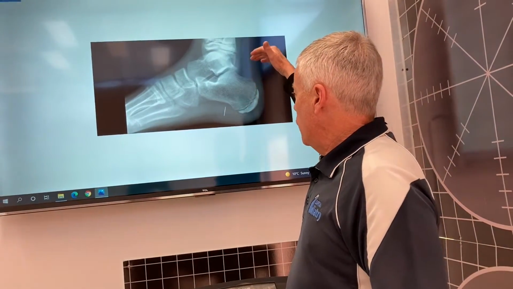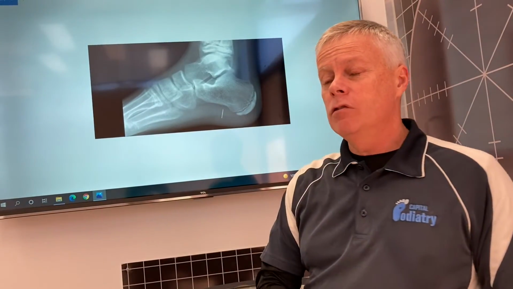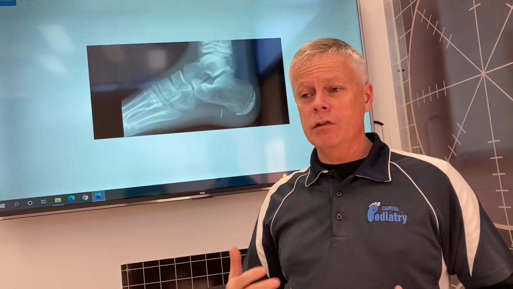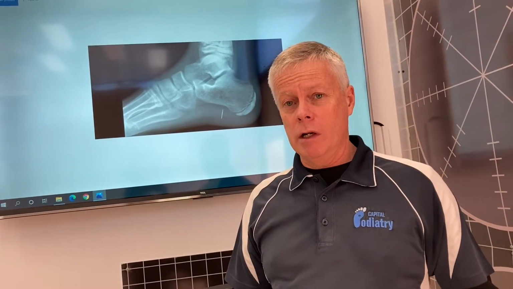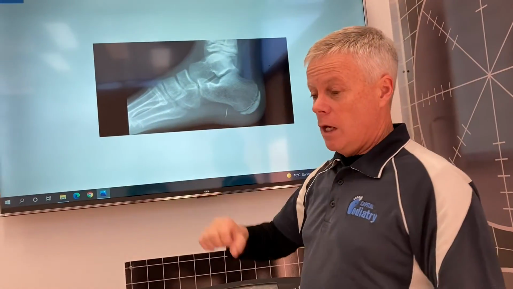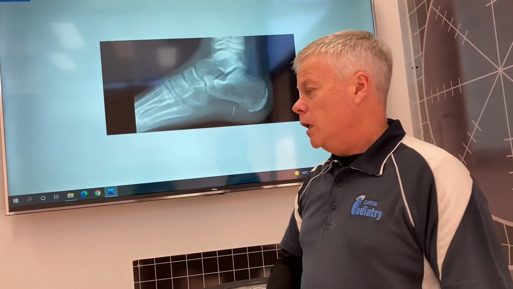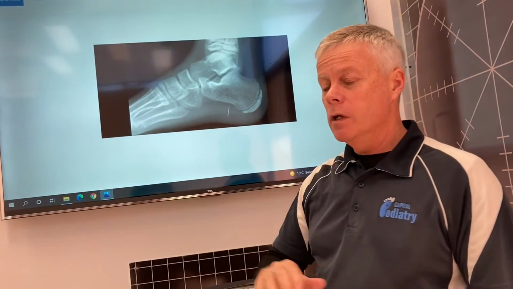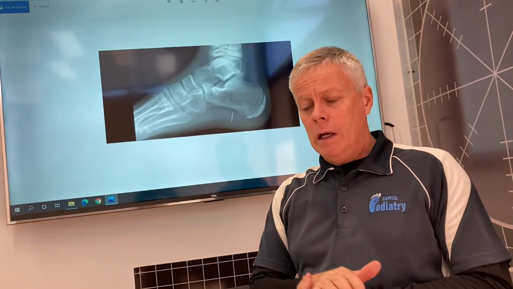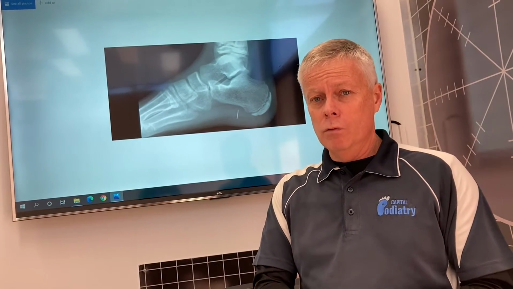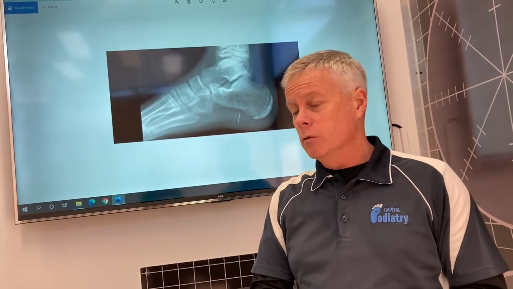So with the Achilles, one of the things I always do with kids and their parents is show them how to do safe, controlled stretching that will introduce greater flexibility into the Achilles and stop that traction force. If they've also got a large amount of movement through the foot, sometimes they need an orthotic device to help reduce that, and also good footwear that's going to give their feet plenty of support.